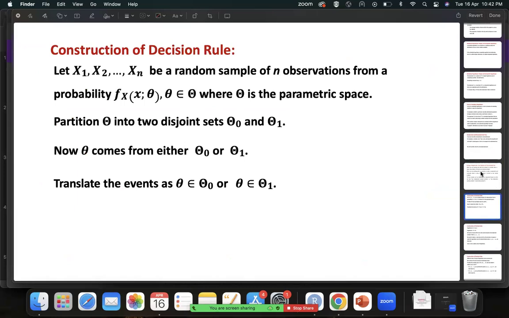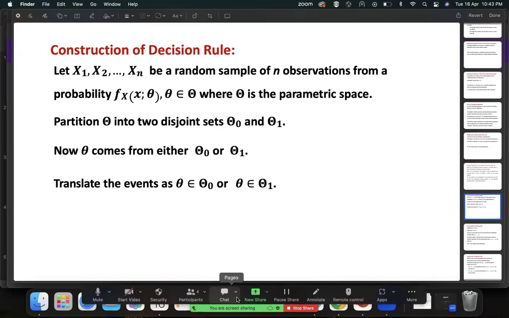In hypothesis testing, the first step is to construct a decision rule. What that means is that you have a sample space, and this is your region of interest, and this is the complement of the region.